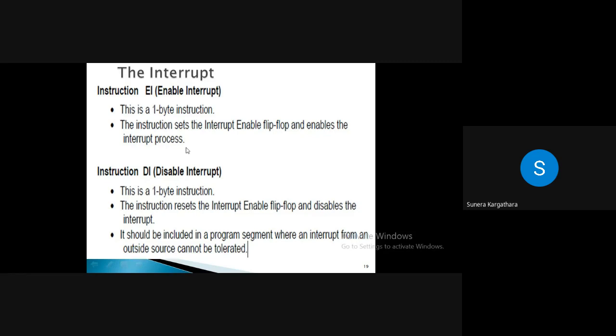But the very first thing is how the processor will understand there is an interrupt, through an instruction. Just like when we want to transfer data we know we need to write MOV, in the same way if an interrupt is there, we need to write EI. Once the interrupt service routine is done, we have to write DI. Interrupt enable, interrupt disable. Only that we need to mention in our program.